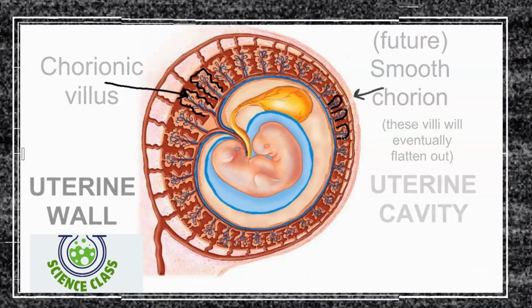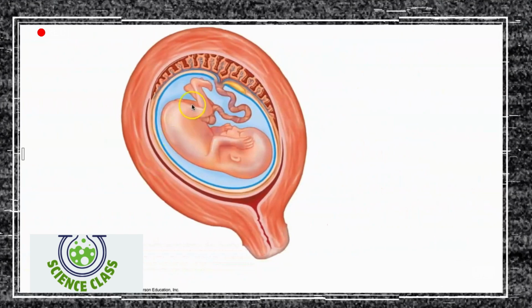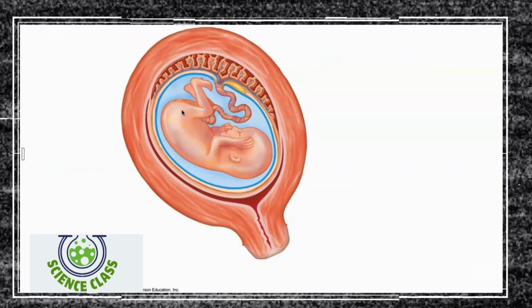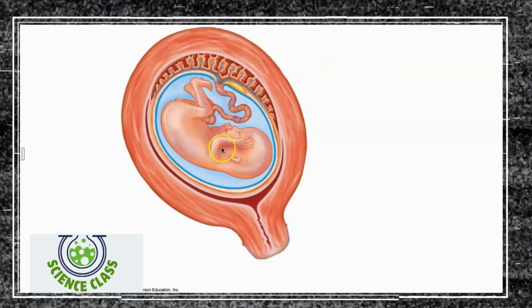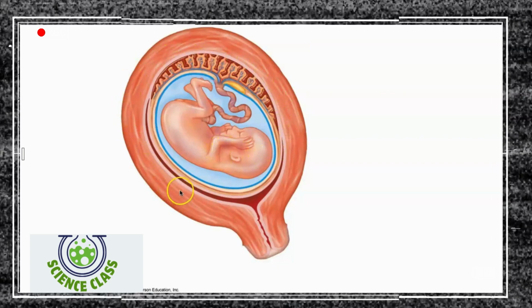Let me show you. In this picture, we can see that the conceptus has grown so much that not only is it bulging from the surface of the endometrium, but it's filling the uterine cavity, and the uterus is expanding in size just to accommodate the offspring.